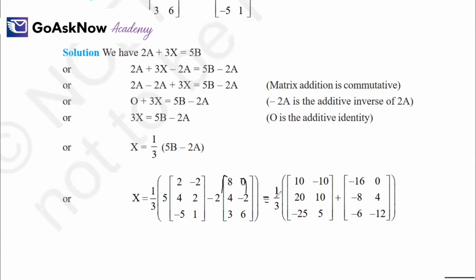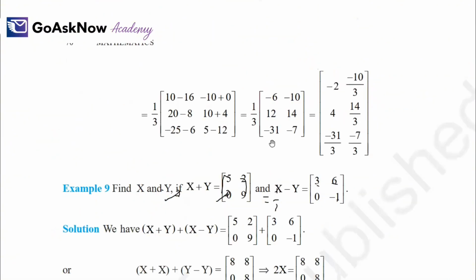Now multiply 5 inside the matrix B and minus 2 inside the matrix A, and just add them, and finally you will get the result. Then in the last step you can also divide by 3, because the 3 outside the matrix divides all the elements inside the matrix.